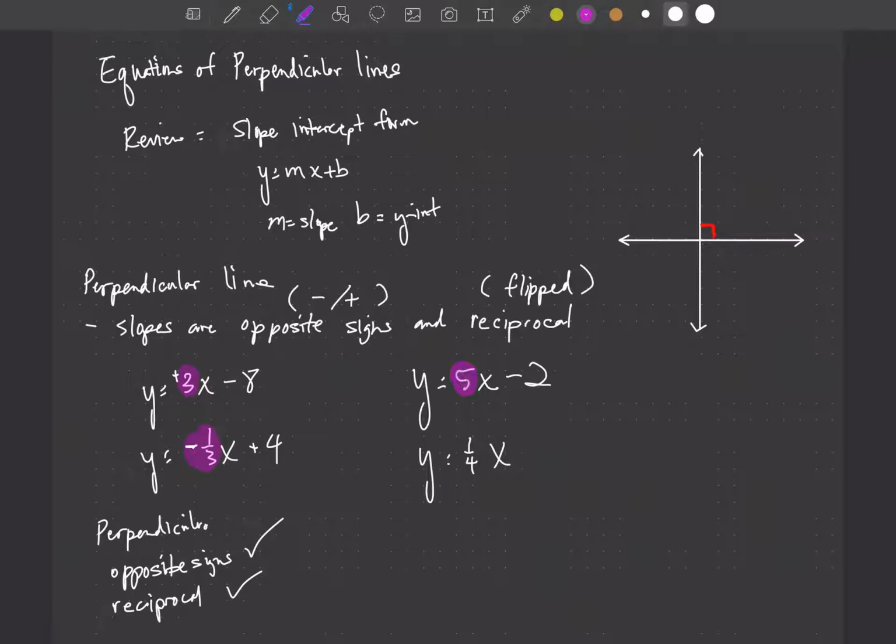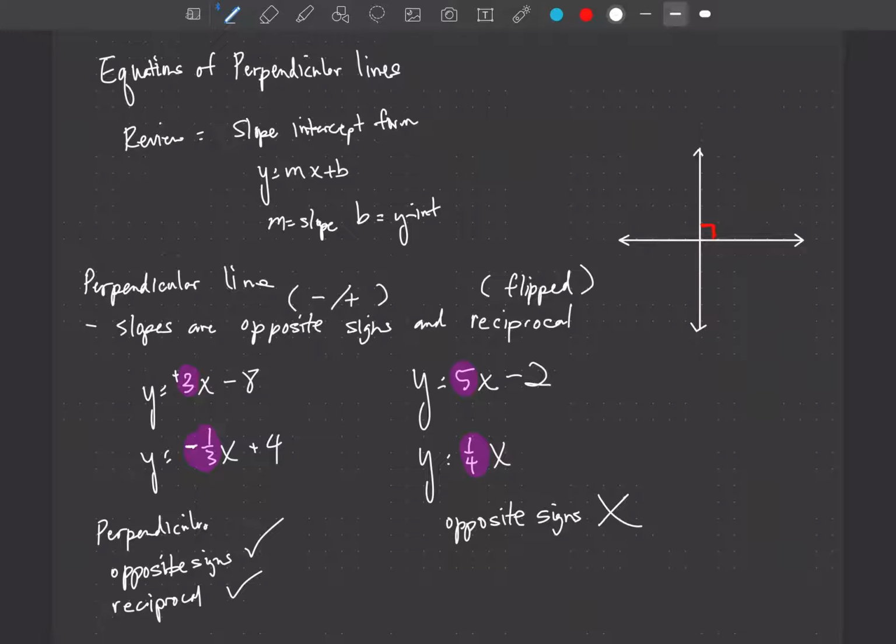So we have a slope of 5 and a slope of 1/4. Looking at the signs, their signs are not opposite. So this is not perpendicular.